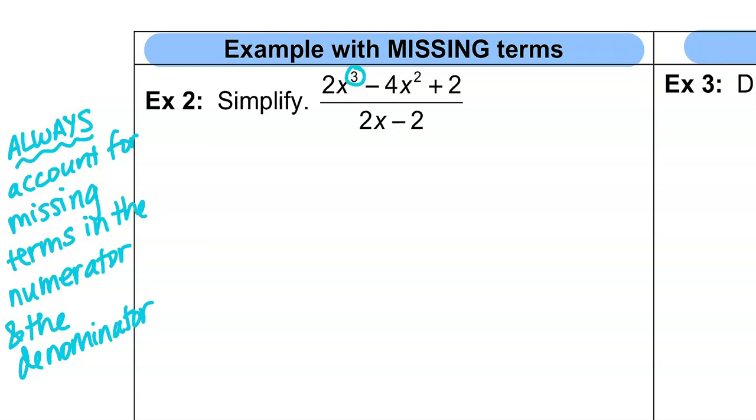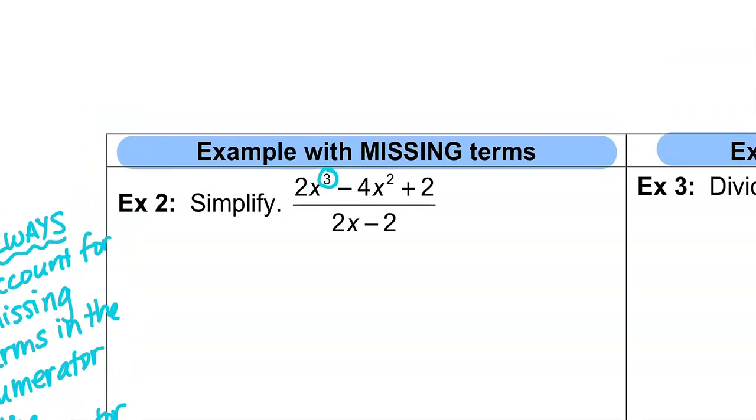Meaning is there a term in the numerator that has a square on it? Yep. So that's not missing. Is there a linear term? Is there a term that's to the first power in the numerator, in the top? And you can see, no, it's missing, isn't it? I'll call it the x term.